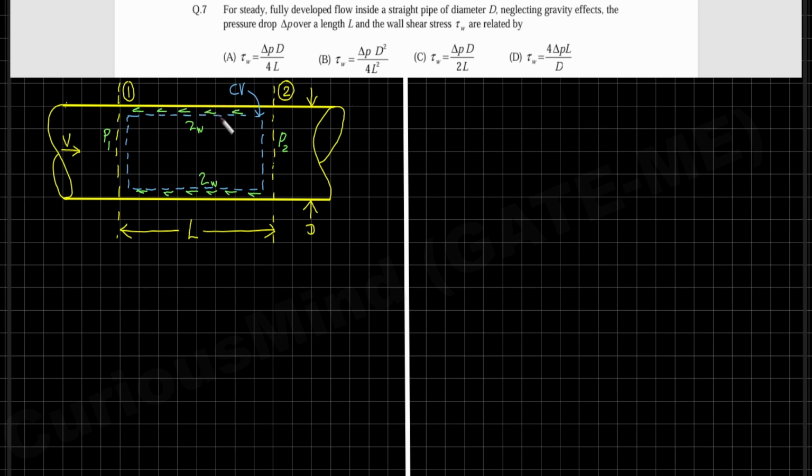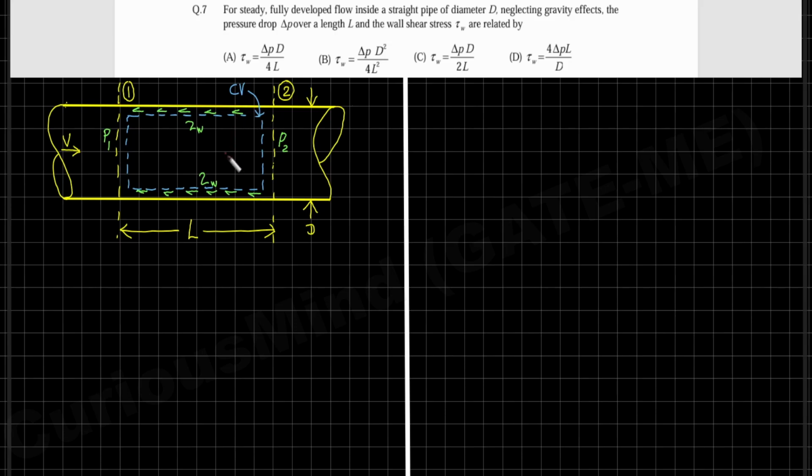Alright, that is why the wall shear stress develops at the interface and acts in the opposite directions on both the immediate fluid and on the inner surface of the pipe.